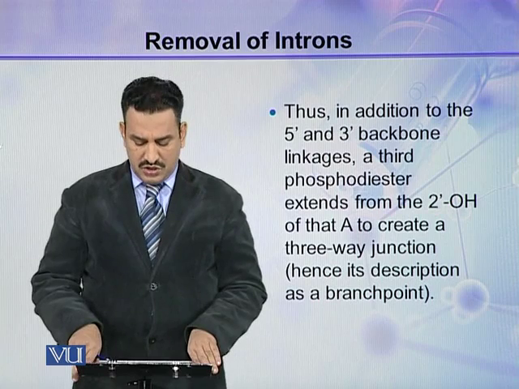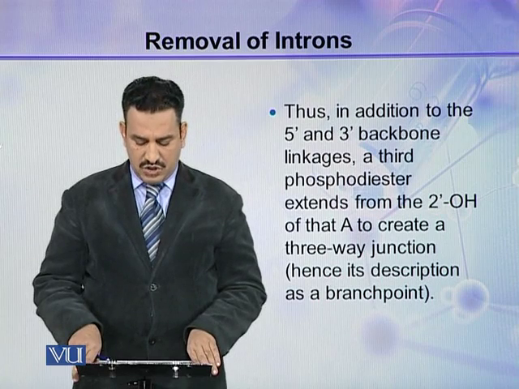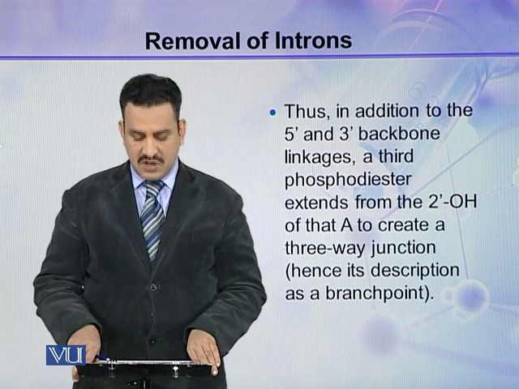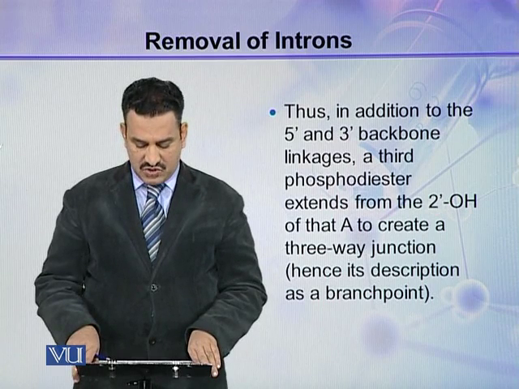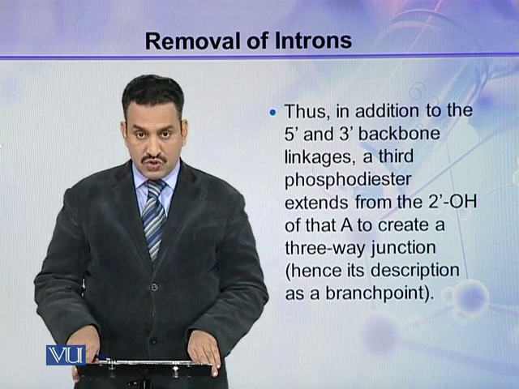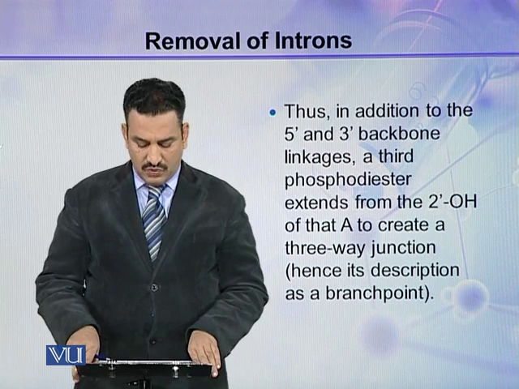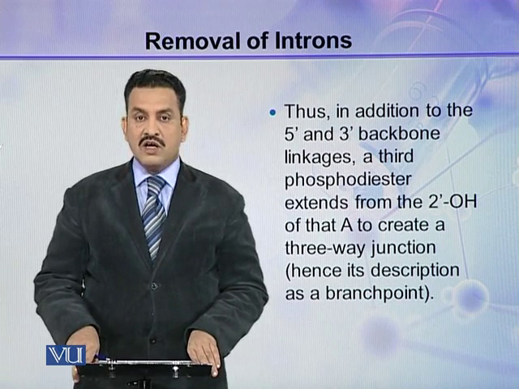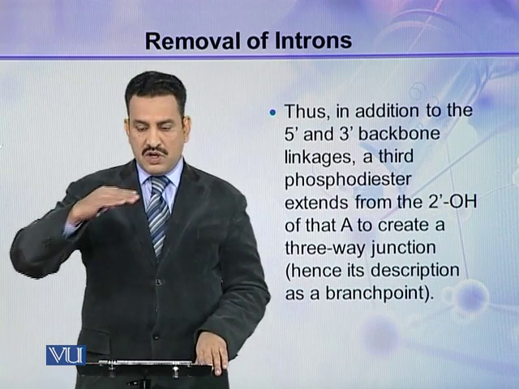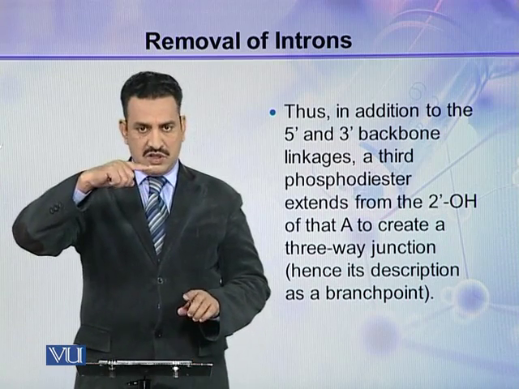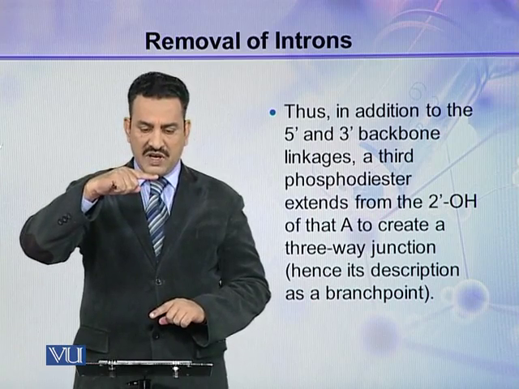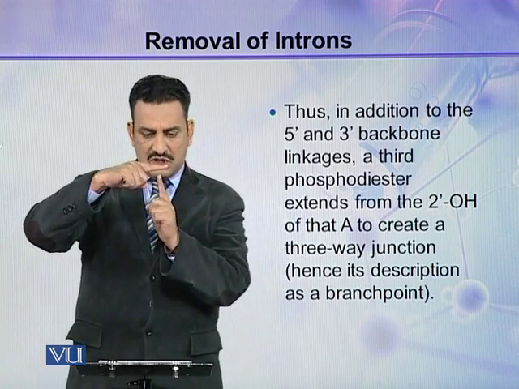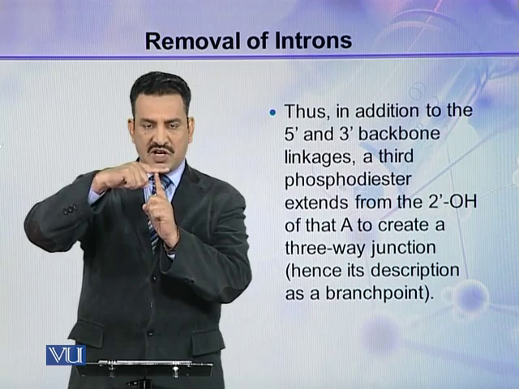Thus, in addition to the 5' and 3' backbone linkages, a third phosphodiester linkage from the 2' OH of that A to create a three-way junction is formed. So that's why it is called a branch point. So this is the pre-mRNA, and here you can see a branch is formed.